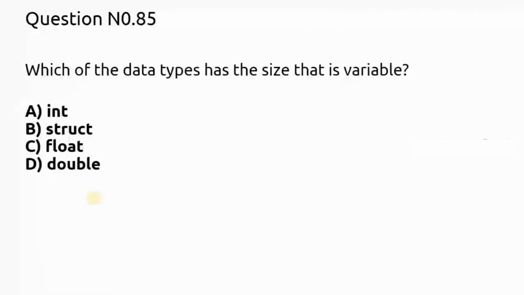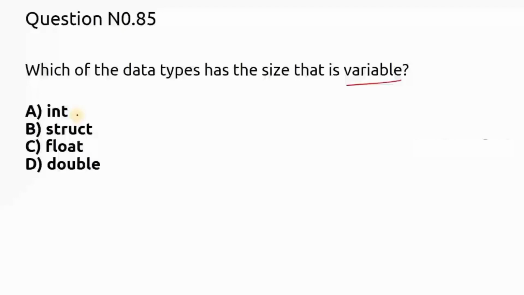Which of the data types has a size that is variable? Here variable in the sense it's not like a variable constant, it is simply varying, like in which data type the size will be varied. Definitely in primitive data types the size will not be varied, it is fixed. Like integer, if it takes 2 bytes, it ranges from minus 32,768 to plus 32,767.